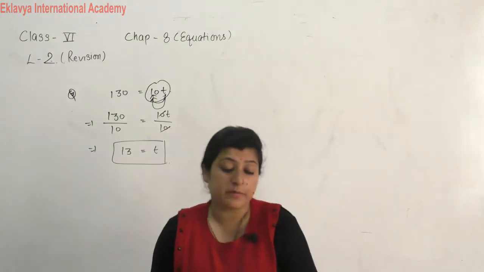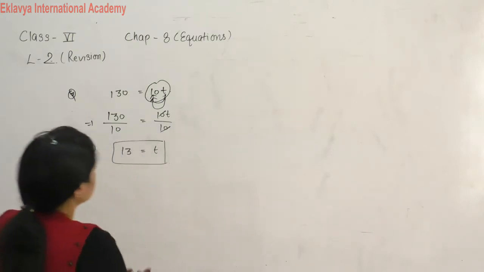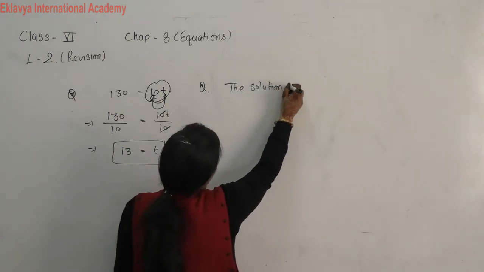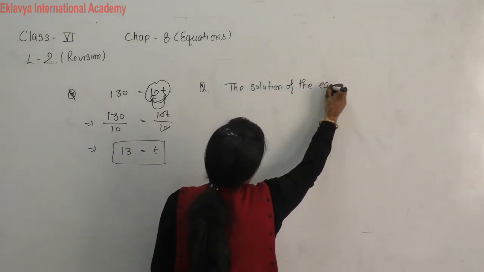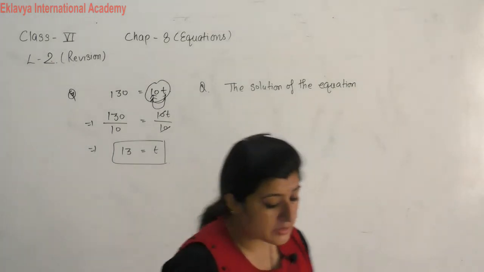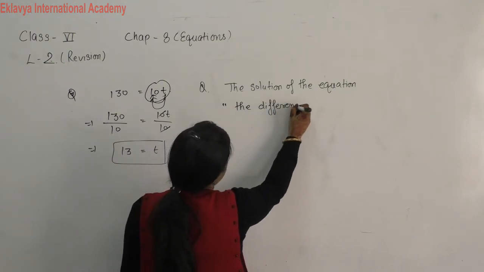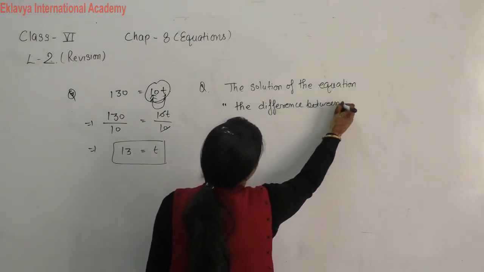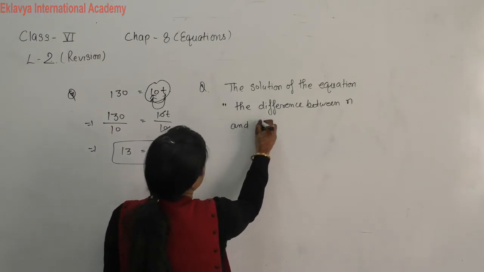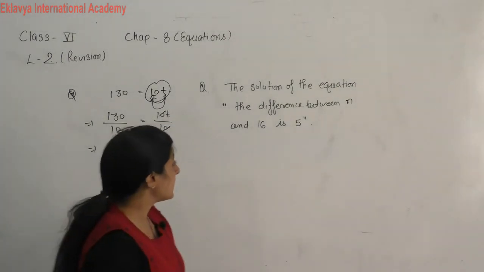Okay, now see, we are doing one MCQ here. The solution of the equation: the difference between n and 16 is 5. Do practice all these questions properly again by yourself.